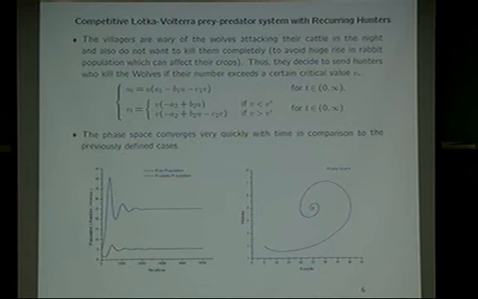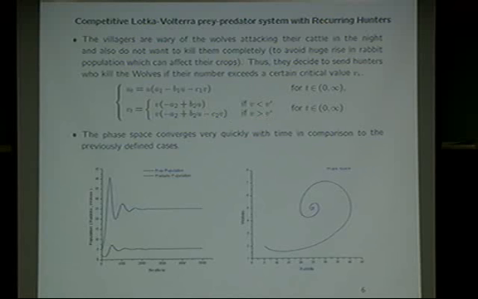And this is another predator-prey type of system. Here we assumed recurring hunters. That means when the predator population density passes some constant number, we put in the interspecific competition.